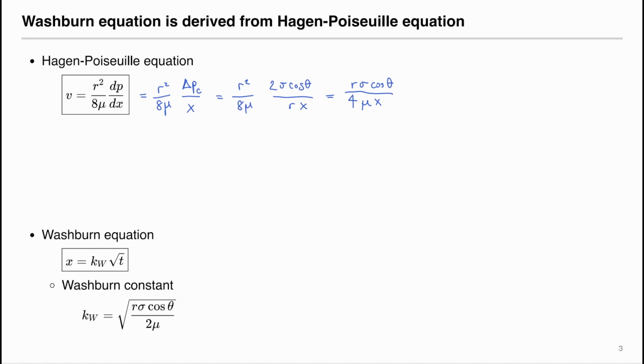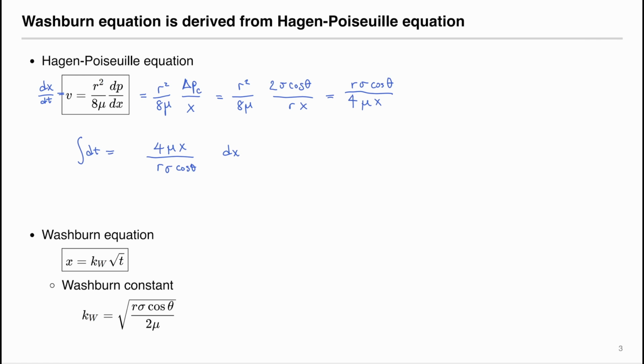This gives us a differential equation because velocity is just the position with respect to time. We also have an x on the right, so we can integrate this differential equation. We write dt on the left and dx on the right. We need to invert everything here, so we have 4 mu x divided by R sigma cosine theta.